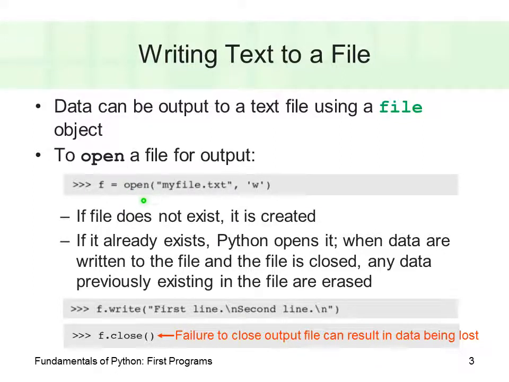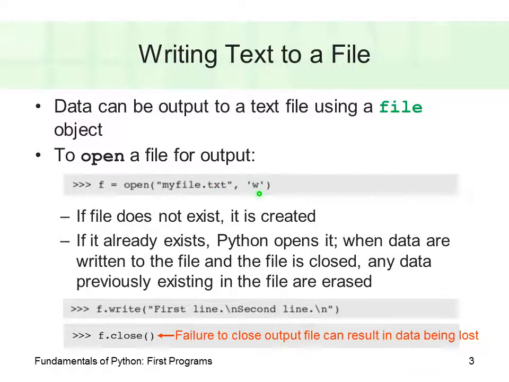In fact, it's being used to create the object f, which is the file in our program. The first argument to the open command is the name that we're going to call the actual file. f is the virtual file in our program. myfile.txt is the actual physical file that will reside on our hard drive, our flash drive, etc.